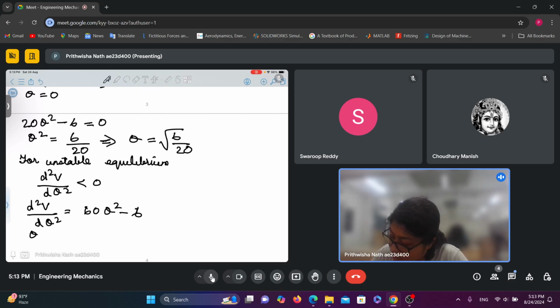So if I substitute theta equals 0, then only this expression becomes less than 0, right? Is this clear? Less than 0. Is this clear?